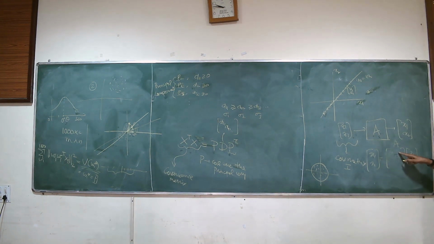Sorry, 4, 0, 0, 1. See, Z1 and Z2 are completely independent numbers. These can assume any values independent of each other. If you say this, then what I get as my output is 4 times Z1 and Z2. These two are not related to each other.